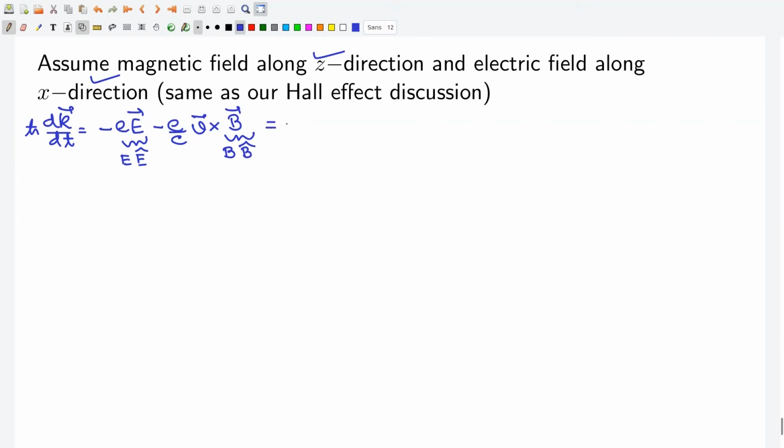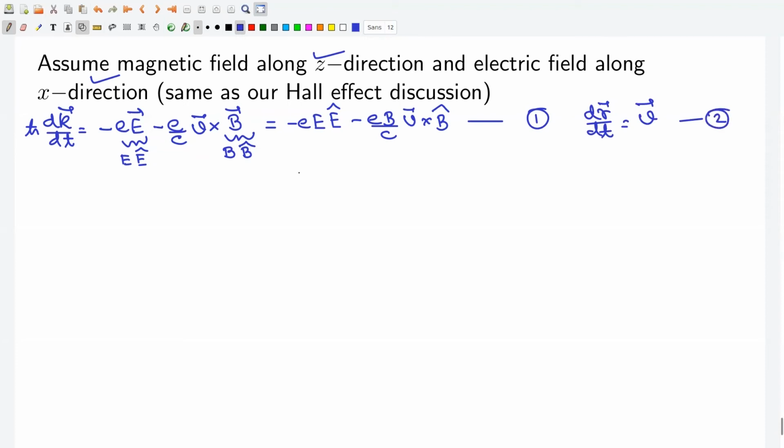Then we can rewrite the equation as minus eE E hat minus eB/c v cross B hat. Let me call this equation 1. We know that dr/dt equals v. I call this equation 2.